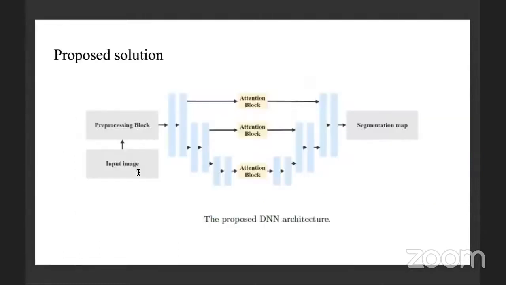Okay, so we use an already existing network, which has been modified using attention blocks. We are doing preprocessing of an image, and the preprocessing is pretty standard.